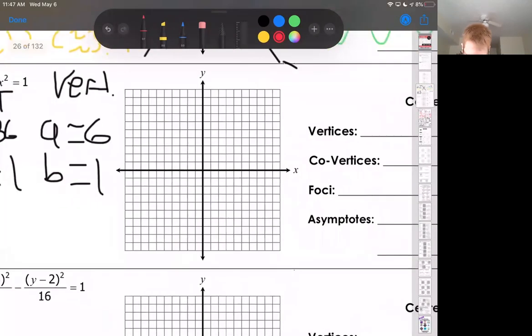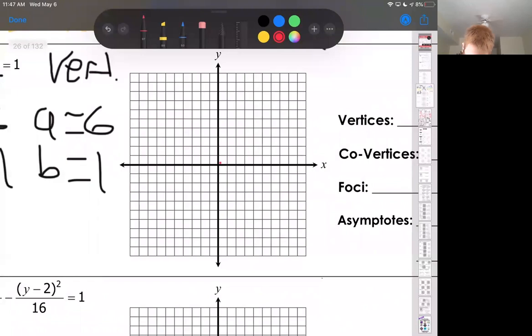So we can plot that. Since our hyperbola is a vertical hyperbola, we're going to use our a value to go up and down from the center. So we're going to go up 6. That would be at 0, 6. And we're going to go down 6. Oops, I'll do these in blue.